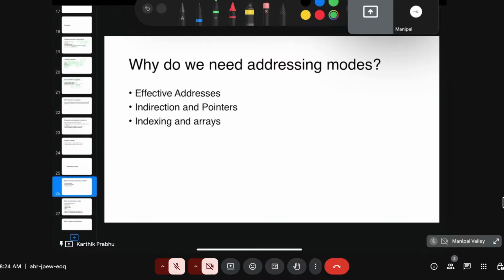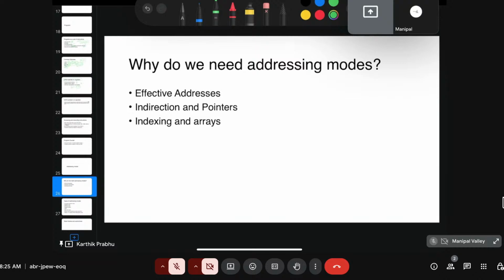You want to be able to say that relative to this address, I want to move some number of locations ahead and go to the next address. So I basically want to compute an effective address, based on the current address or some other address. That is the whole point of addressing modes.